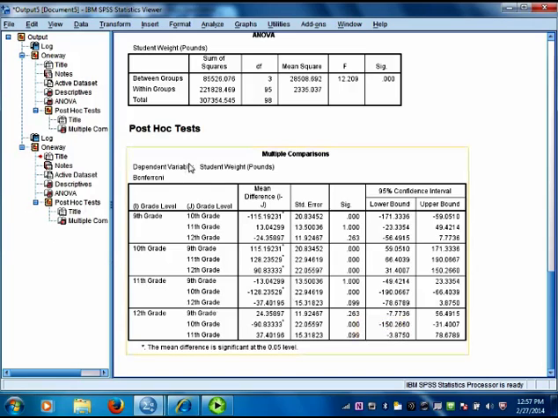So from the post-hoc analysis, we only have 3 group differences, which are all here. The 10th graders are different from 9th graders, 11th graders, and 12th graders. But it seems there are no other differences among the other groups.